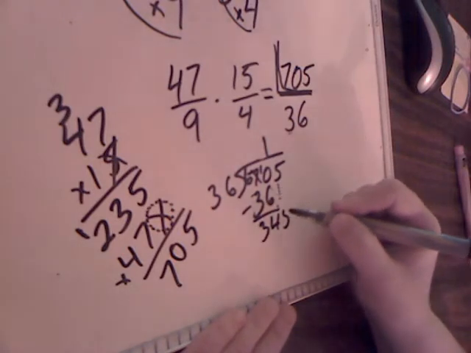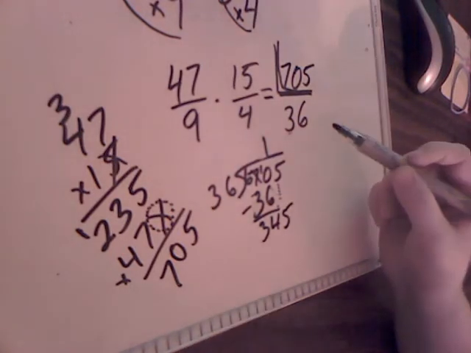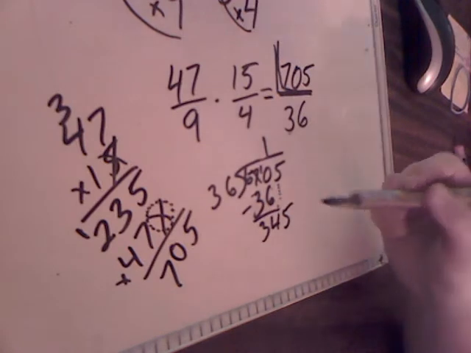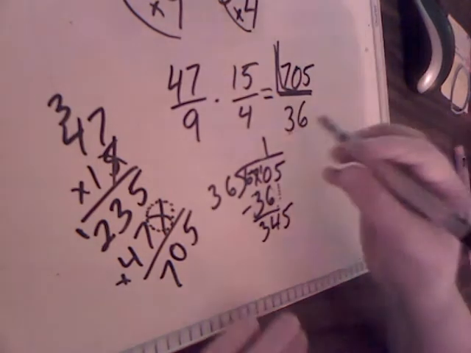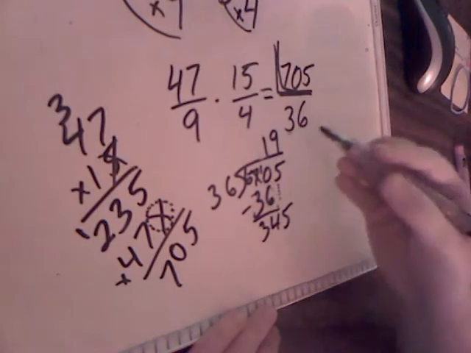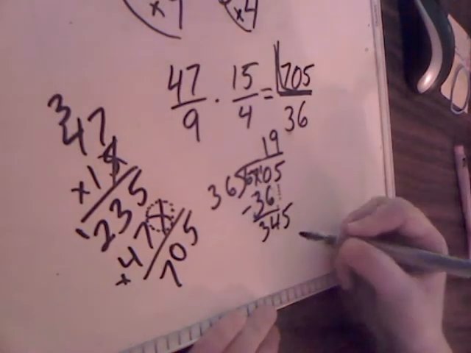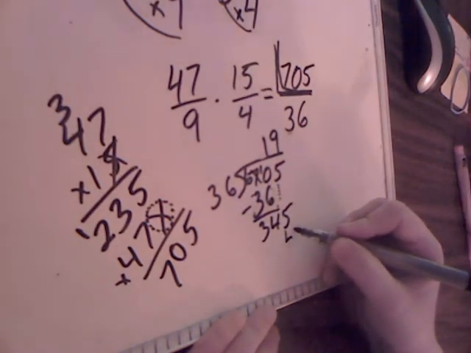Drag down the 5. We want to know how many times does 36 go into 345. Big numbers. I'm going to take a guess. I think 9 looks like a good number, so let's try 9 and see what happens. 9 times 6 is 54.